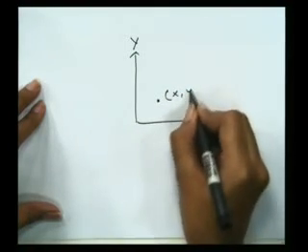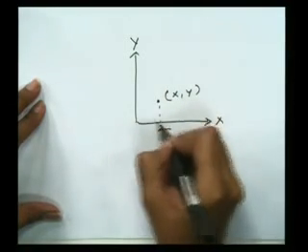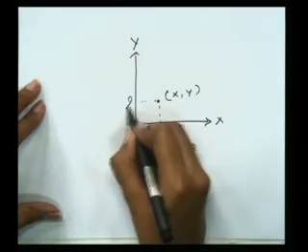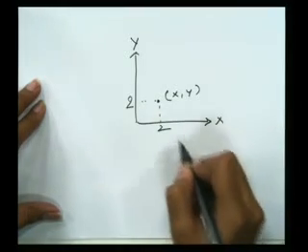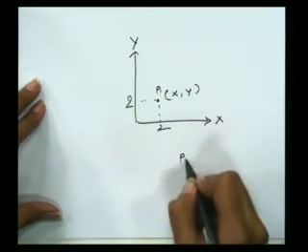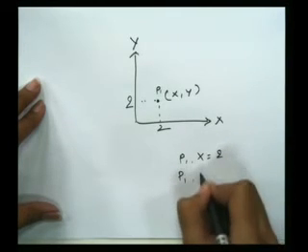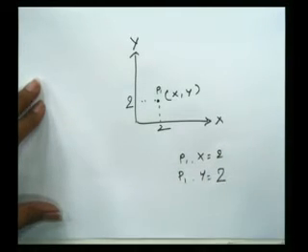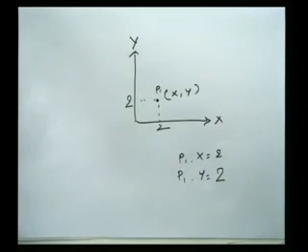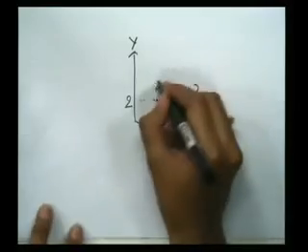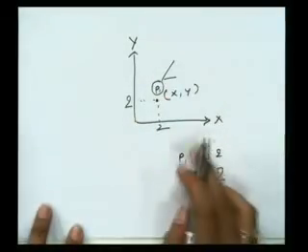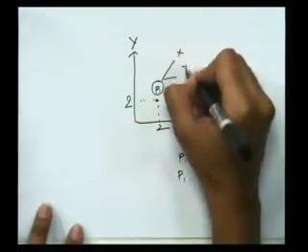Suppose these coordinates are 2 and 2. In that case, I want this particular point P1 to have its x coordinate as 2 and its y coordinate again as 2. So I need P1 to be represented as two variables, x and y.